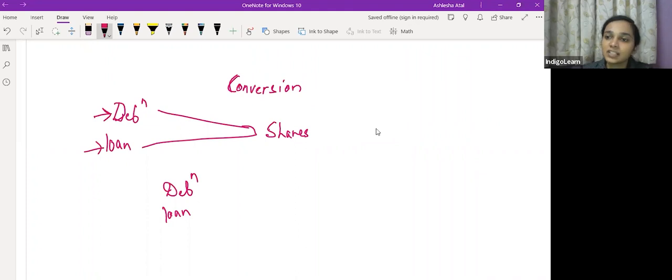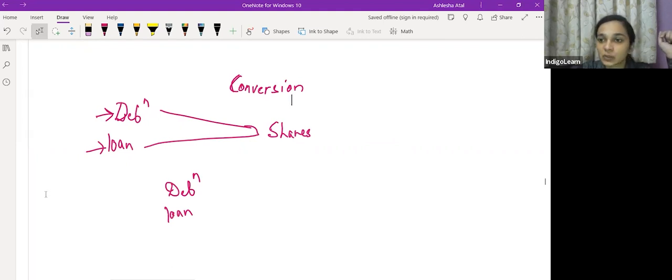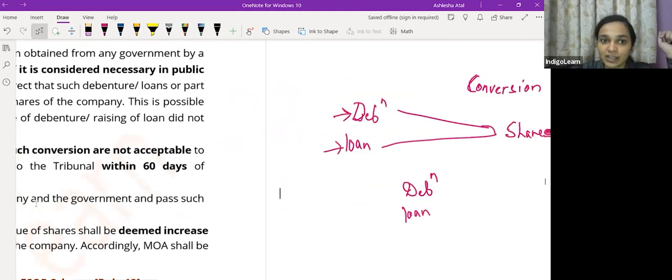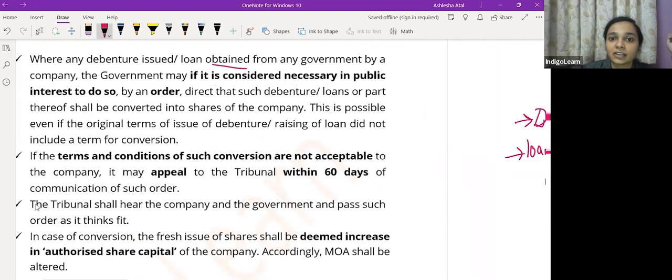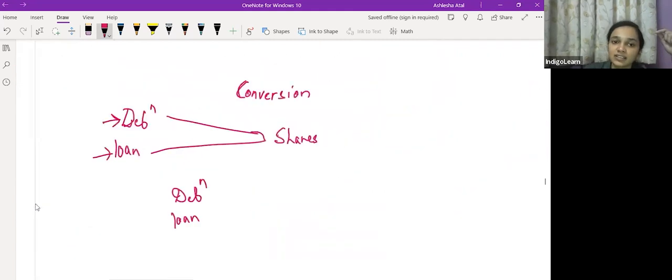Now, this was a general scenario, but it may so happen that sometimes the debentures or loans are owed to government. तो उस situation में क्या? Let's understand. Where any debenture issued or loan obtained from any government by a company, so where any debenture or loan has been issued to government, ये जो हमने case देखा, this is to any person.